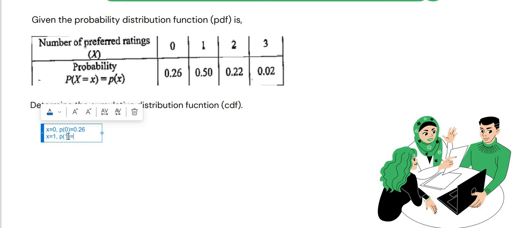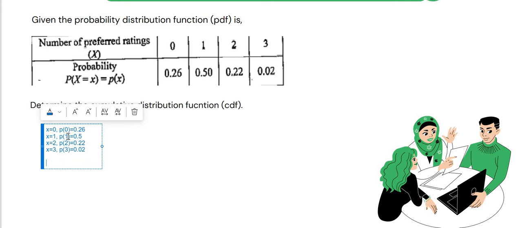And P1 is equal to 0.5, because this is already calculated for you and tabulated in the table, so you just extract it. Then P3 is equal to 0.02.